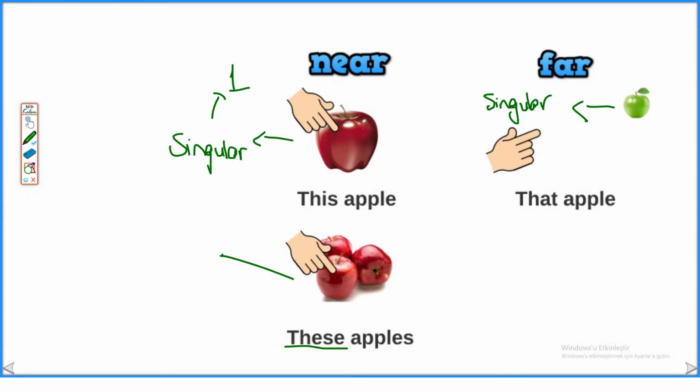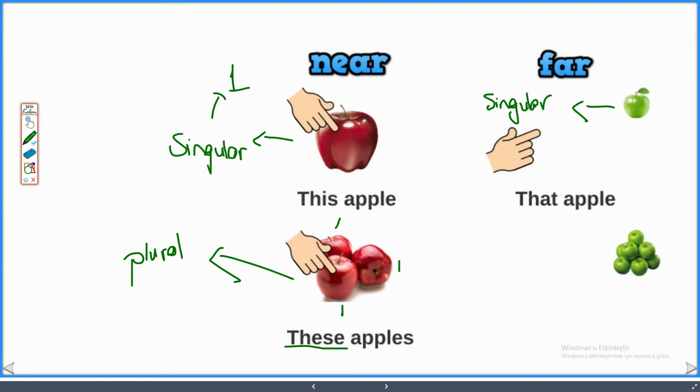Because these are plural, guys. These apples, because we have 1, 2, 3 apples at the same time. Near and plural, we use these.